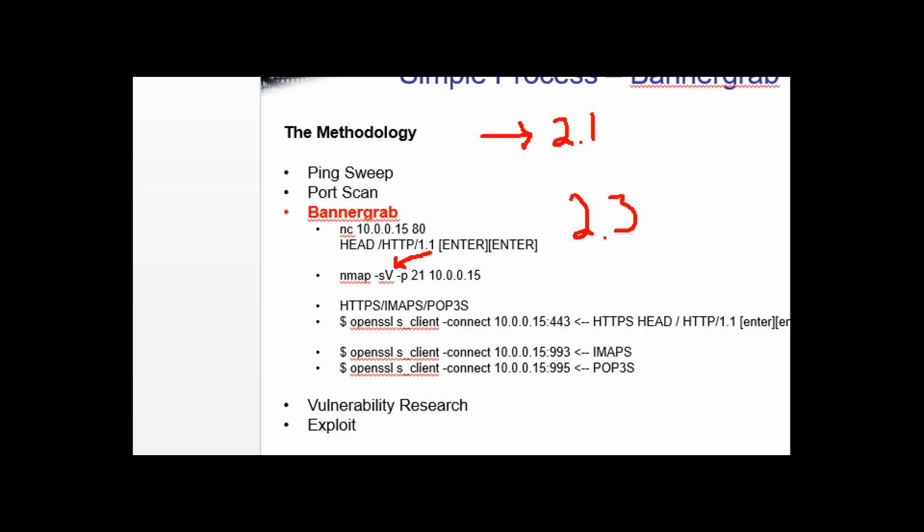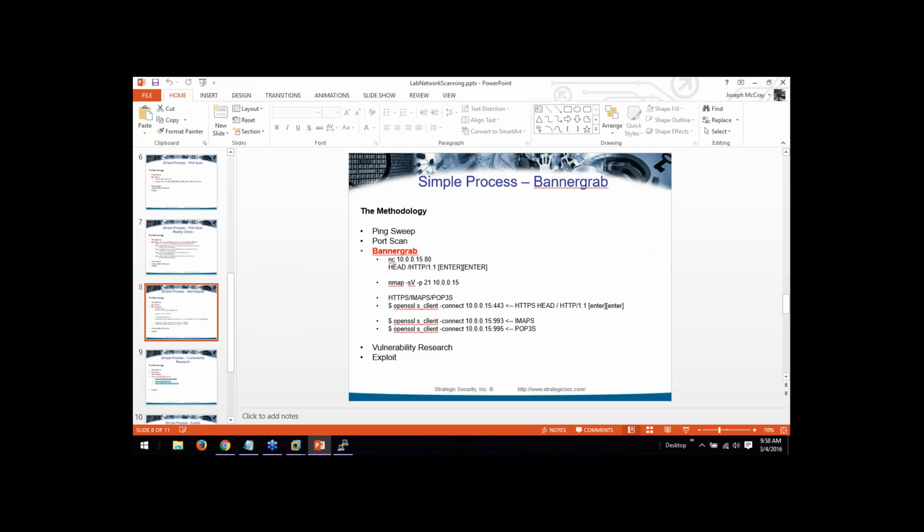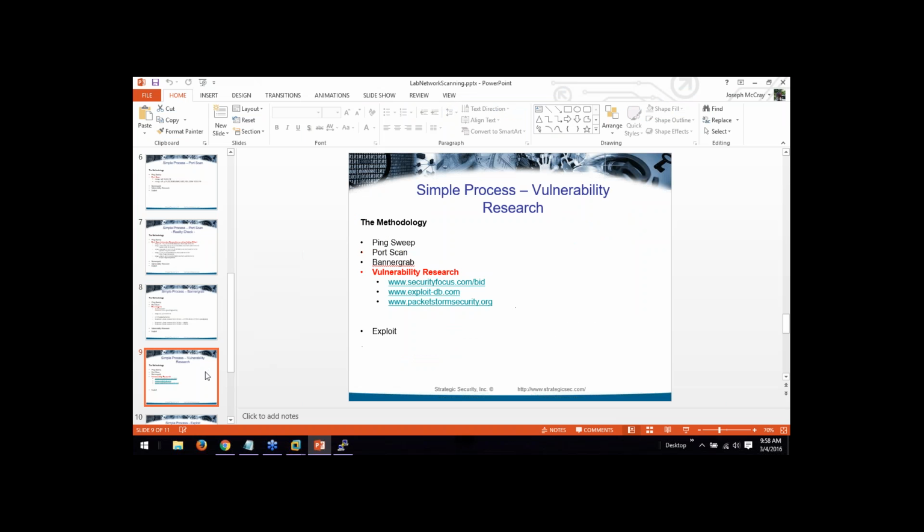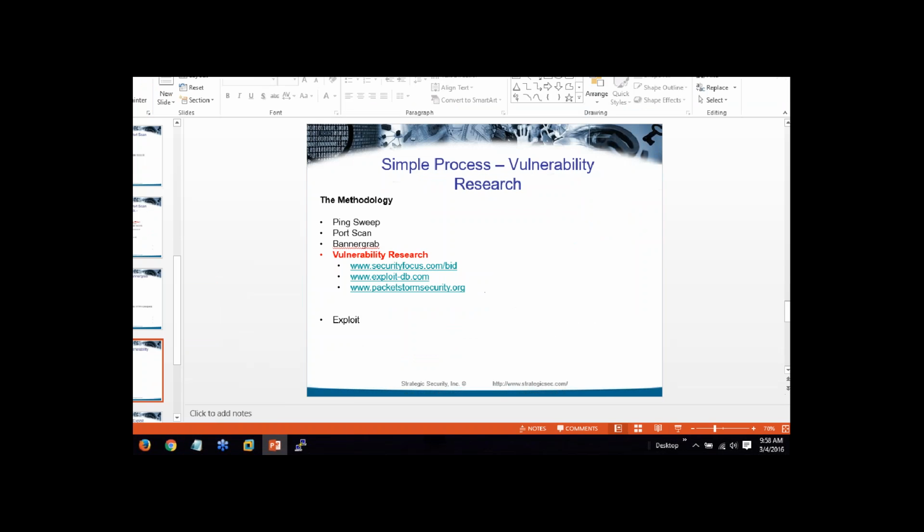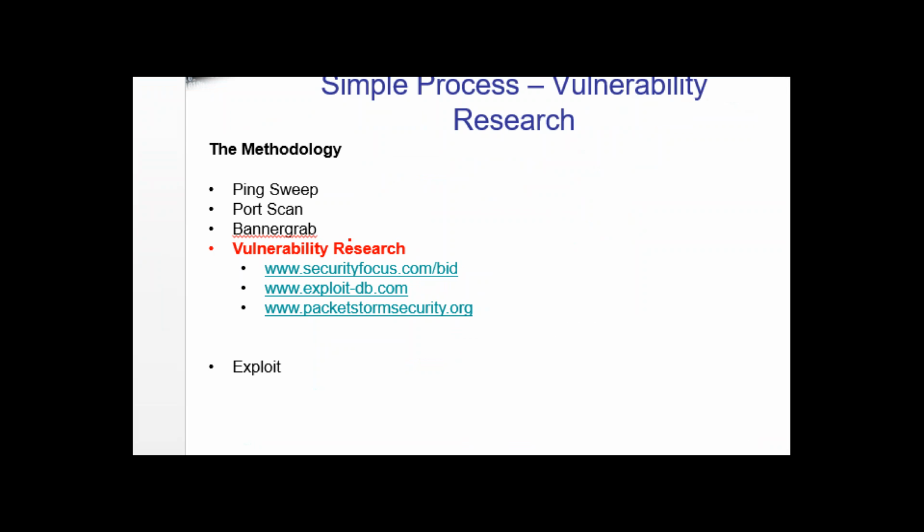You want to go, okay, is that particular version of the software vulnerable? So your next step is to take the banner and look it up here. Does this make sense, guys? Yep. So these are websites where you can look up exploits for a particular version of software.